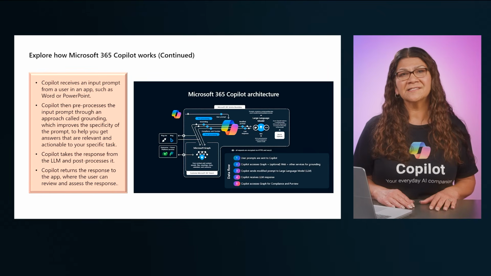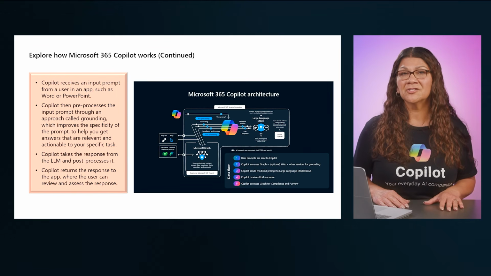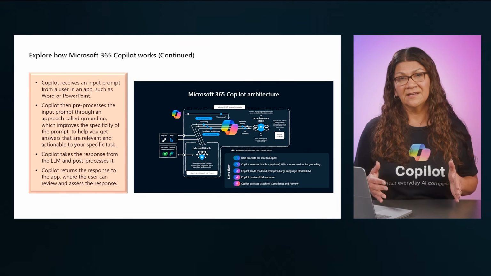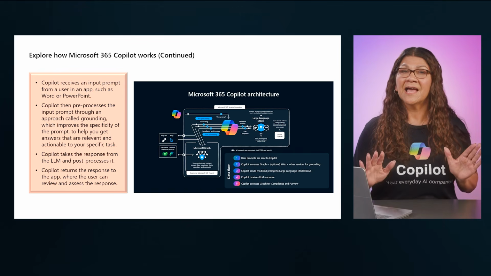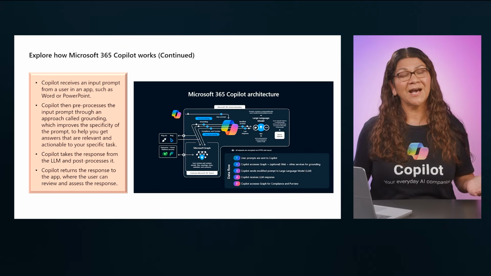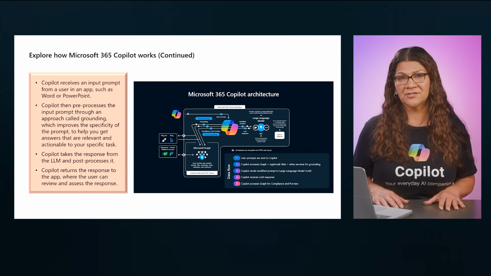But the process doesn't stop there. Copilot then post-processes the large language model response, injecting real Graph data for compliance, security, and accuracy. This step ensures that output respects permissions, aligns with Microsoft Purview policies, and avoids hallucinated details about your organization.